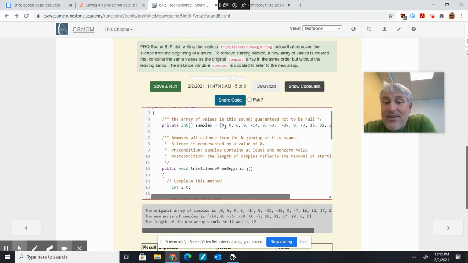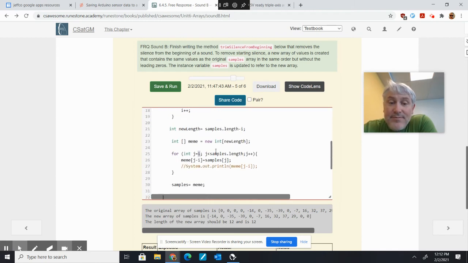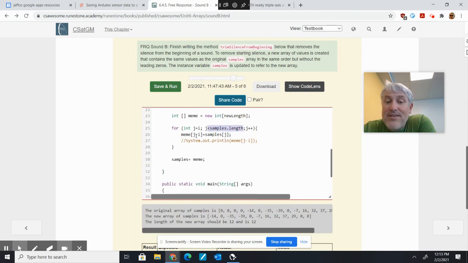So instead of starting at 0, we started at 4. All right, 0, 1, 2, 3. So we started at 4, and then we went through our array and stuck our samples in. We put 4 into new array index 0. So 4 goes to 0, 5 goes to 1, 6 goes to 2, so on and so forth.